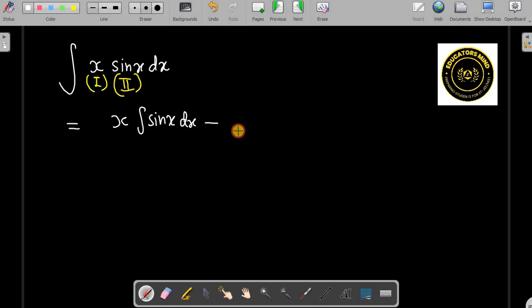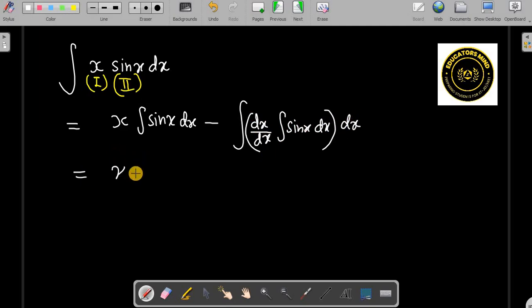Okay. Minus, you have to differentiate x with respect to x, and whatever integration of sine x dx you have done, that whole thing you have to again integrate. So sine x integration is minus cos x, correct? Because of the cos x differentiation, and this is a basic formula, you remember it.